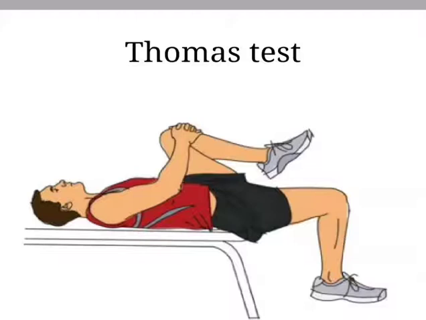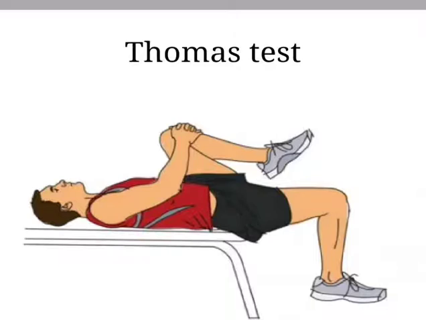The examiner places the patient in a high sitting position. The patient holds the normal leg's knee in both hands, lies back, and holds the knee to the chest. If the affected side thigh does not touch the couch or is slightly flexed, it indicates contracture of the hip joint or iliopsoas muscle. So how do you know? The patient holds the unaffected leg and lies down.